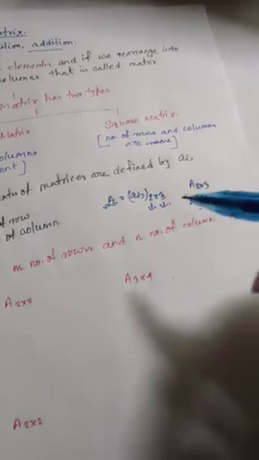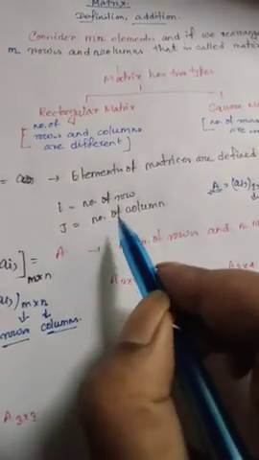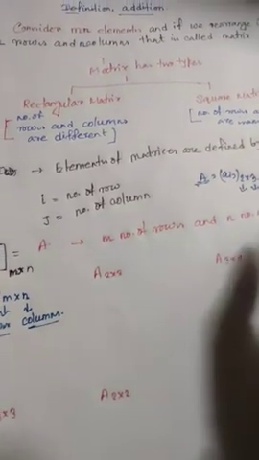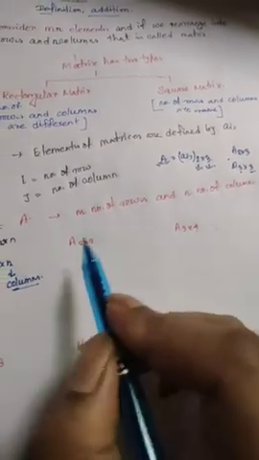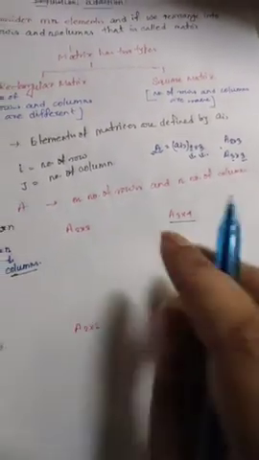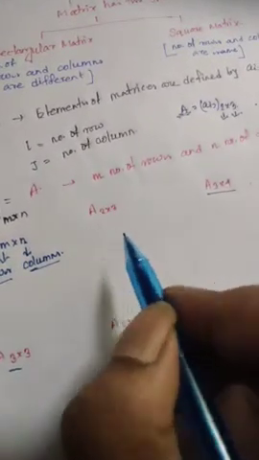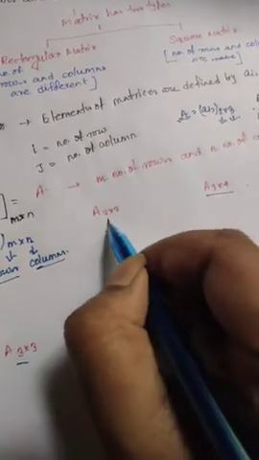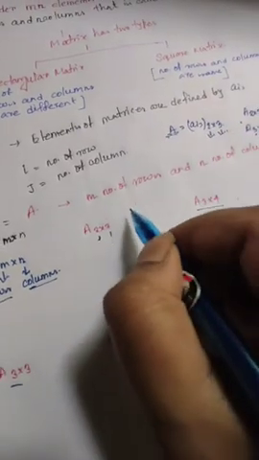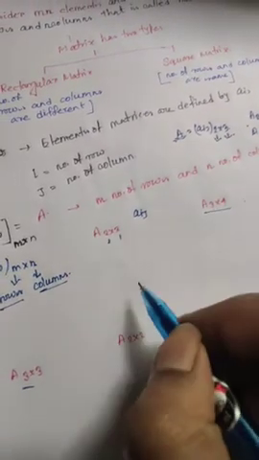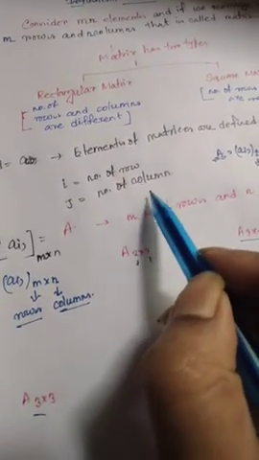Here, i is the row number and j is the column number. Here are some examples of matrices: A 2 cross 3, A 3 cross 4, A 3 cross 3 and A 2 cross 2.